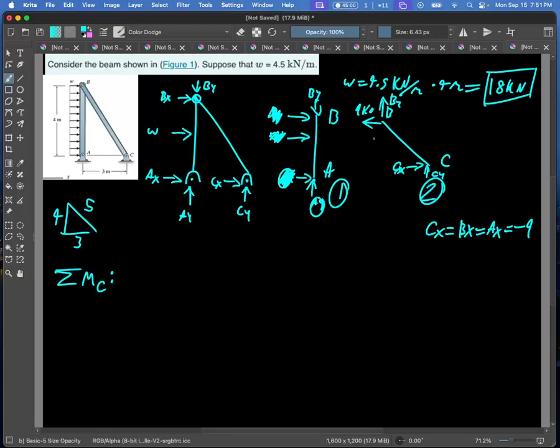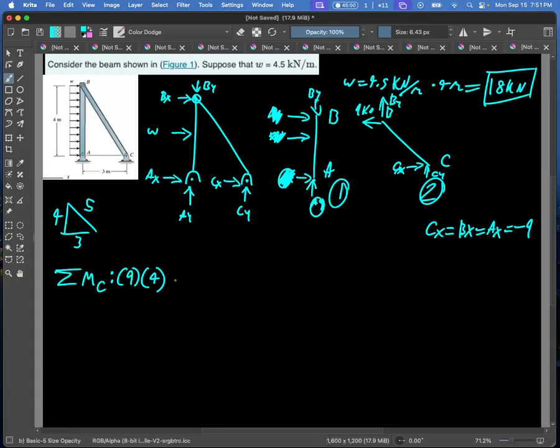And this is going to be the moment, 9 kilonewtons, and this is going to be rotating it counterclockwise, so that's going to be positive. So it's going to be 9 kilonewtons times a distance of 4. This one's going to be a distance of 3.